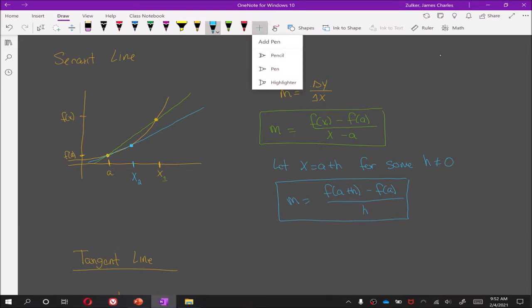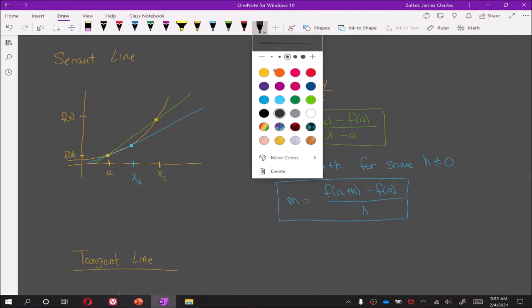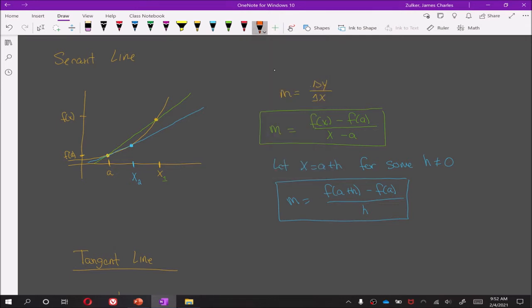Let's see if I can add a color. Let's add purple. Oh, that's not going to show up too well. How will orange show up? Orange shows up pretty good. Right, so then we can do, okay, here. Oh, that's way too thick.